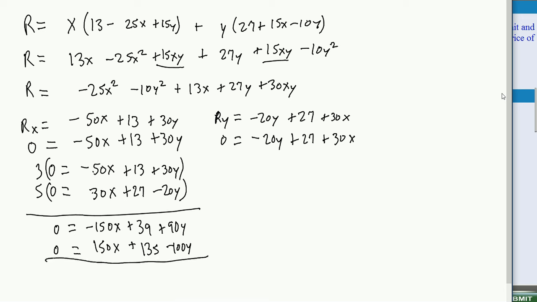Add that up, your x's go away, so those are gone. 39 plus 135 is 174. 90 minus 100y is negative 10y.